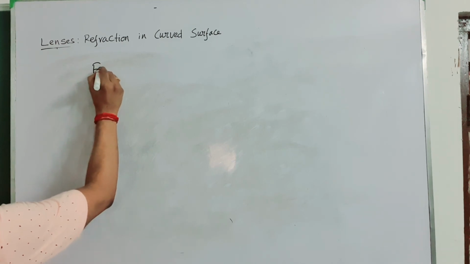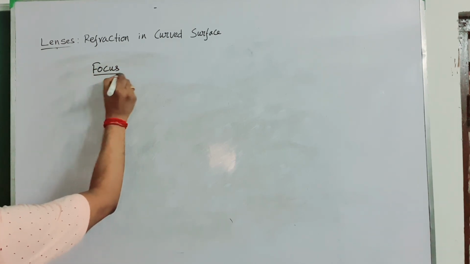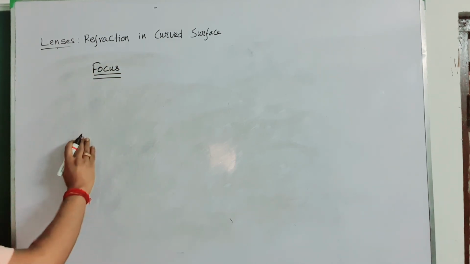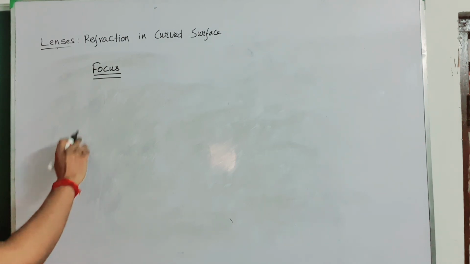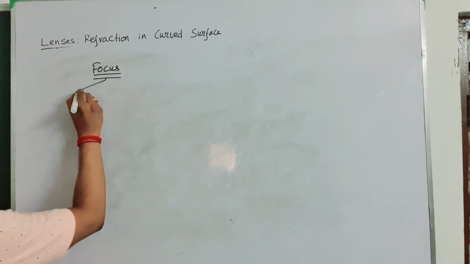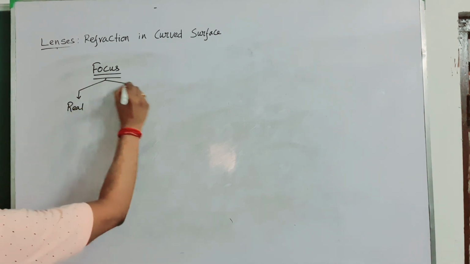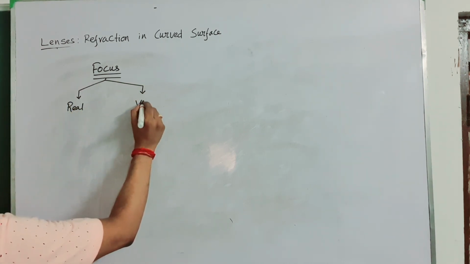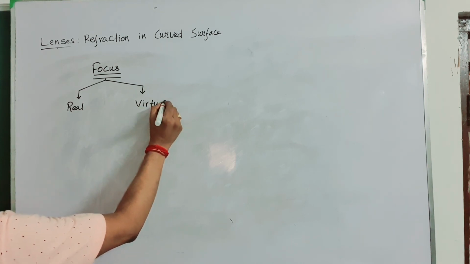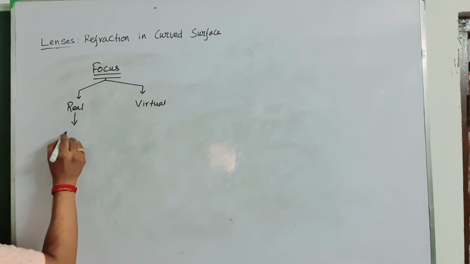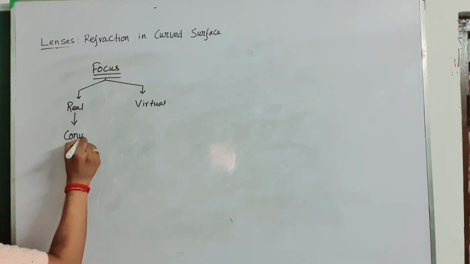Focus. Good. Focus is of two types. One kind of focus we call real focus. Another type of focus is a virtual focus. Real focus is the case of convex lens.